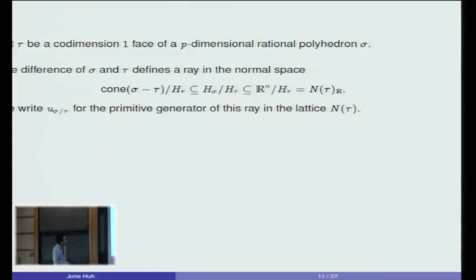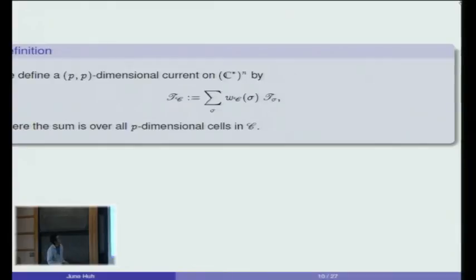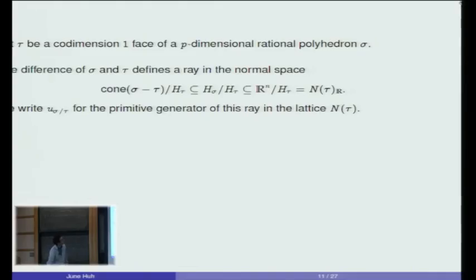And so this would be a tropical current, and why am I calling this tropical? Because these currents, associated to polyhedral weighted complexes, behave in a very nice way if the polyhedral complex is a tropical variety. So let me tell you what tropical varieties are.